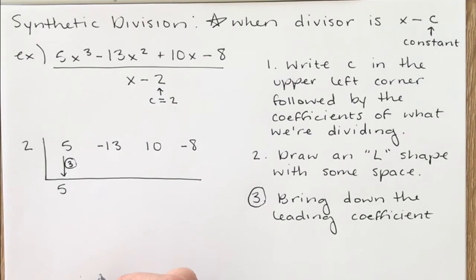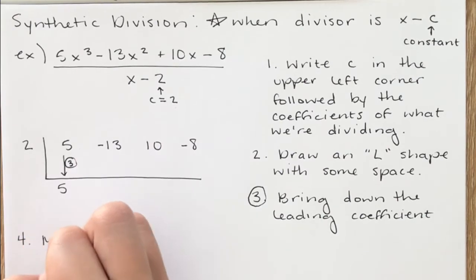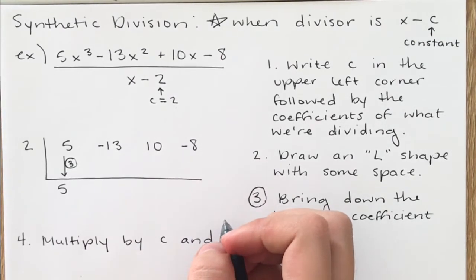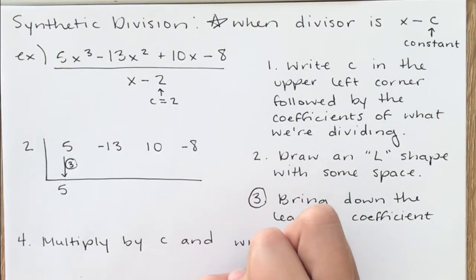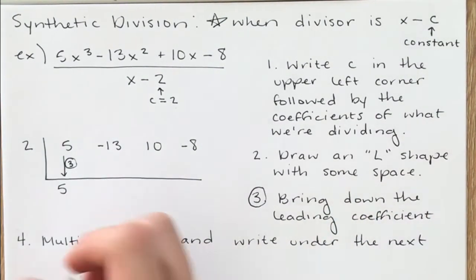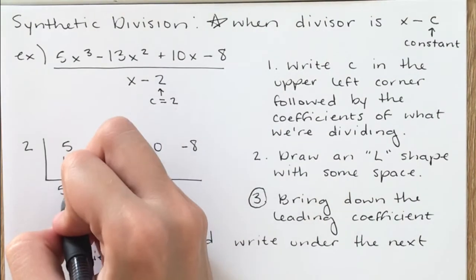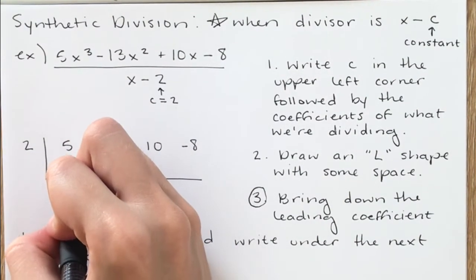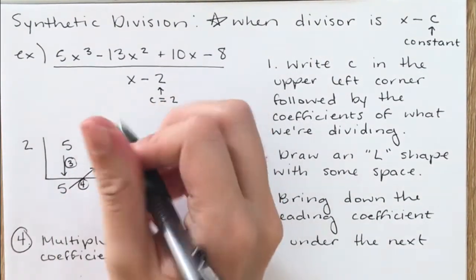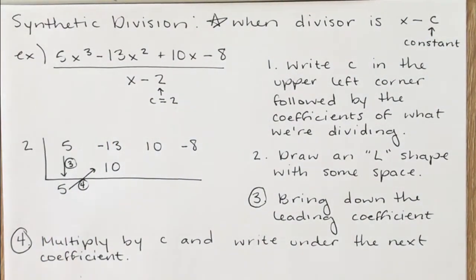The next step, we want to multiply by c and write it right under the next coefficient. So we multiply 5 by 2, right? That's our c value. This is step 4. And right under the next coefficient, 5 times 2 is 10. I'm writing that under negative 13.